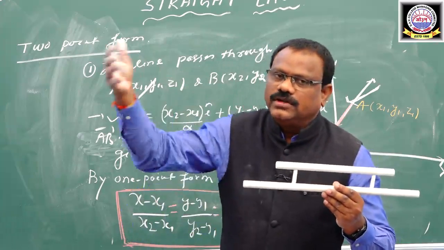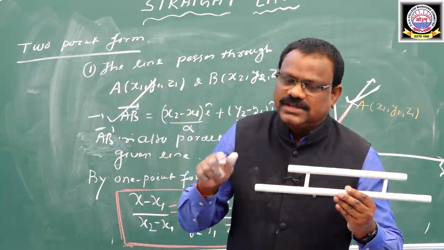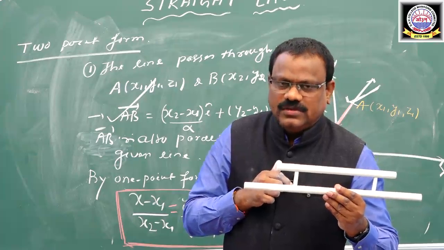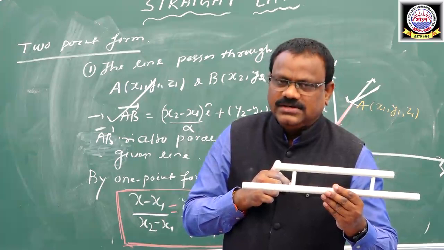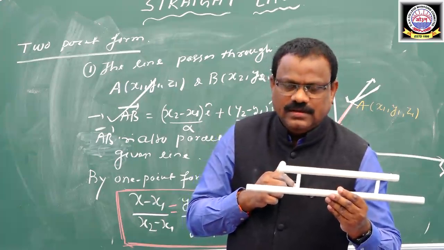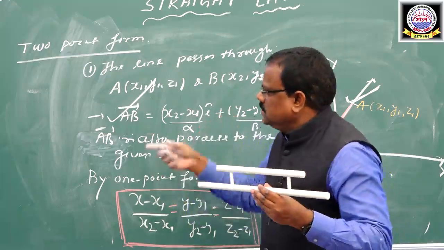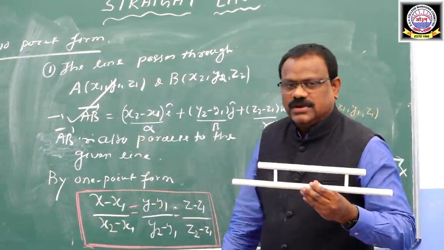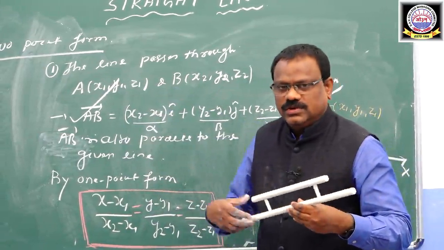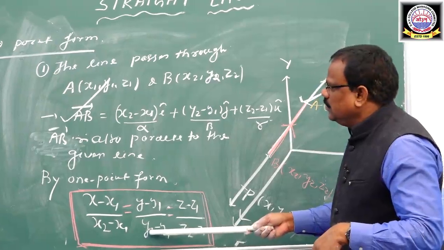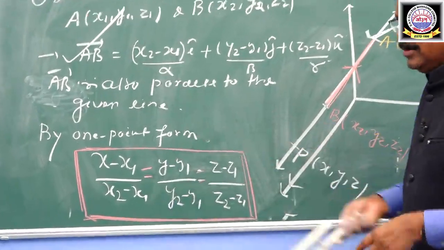Converting to the Cartesian form, we got x minus x1 divided by alpha is equal to y minus y1 divided by beta, equal to z minus z1 divided by gamma, equal to lambda, the constant. Then secondly, we got the 2-point form, passing through the points x1, y1, z1 and x2, y2, z2, and this is finally the equation of the straight line in the 2-point form.